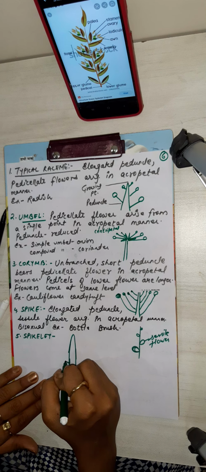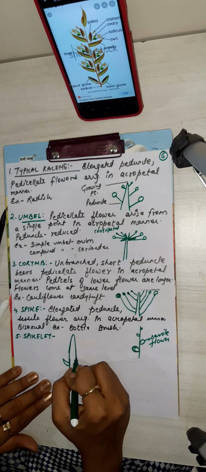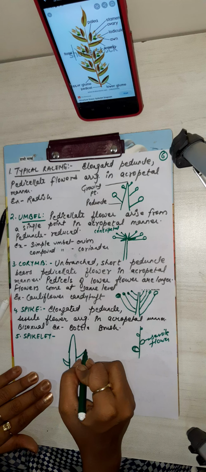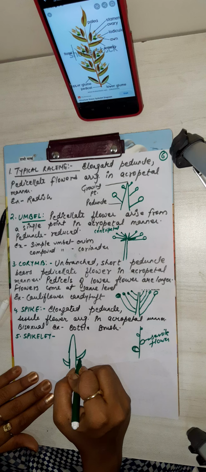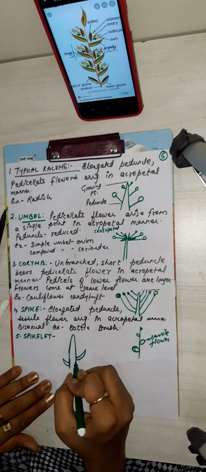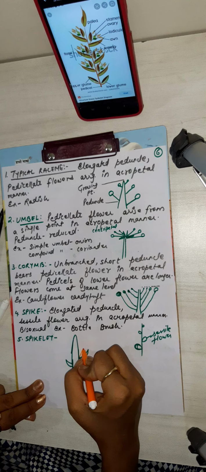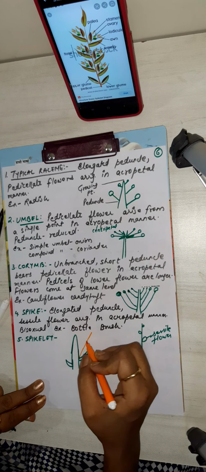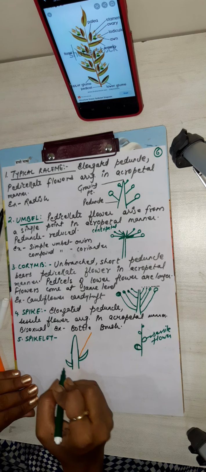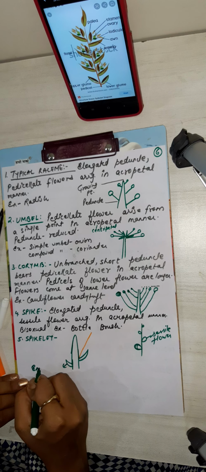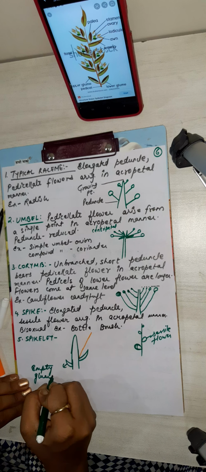Here it is bract. I am saying empty bract. Again, here it is also a bract. Okay, but it is fertile. Why I am saying fertile? क्योंकि यहाँ पे inflorescence है. Empty glume.